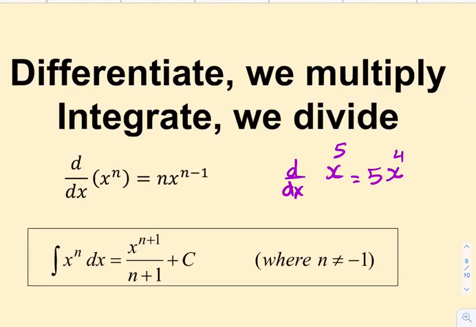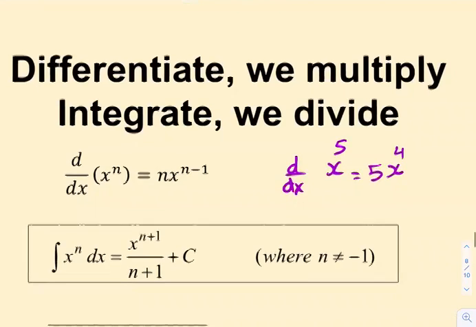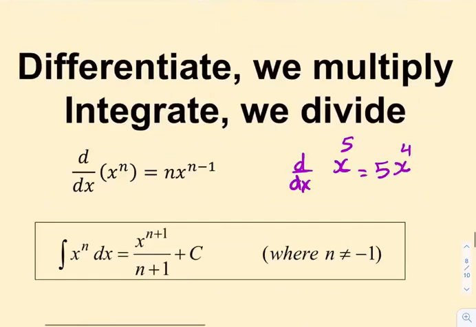And when we integrate, we do the opposite. We add 1 to the power and divide by the new power. So if we have the integral of x to the power 5 dx, we add 1 to the power, so this becomes x to the power 6, divided by the new power, which is the 6 here, plus c.